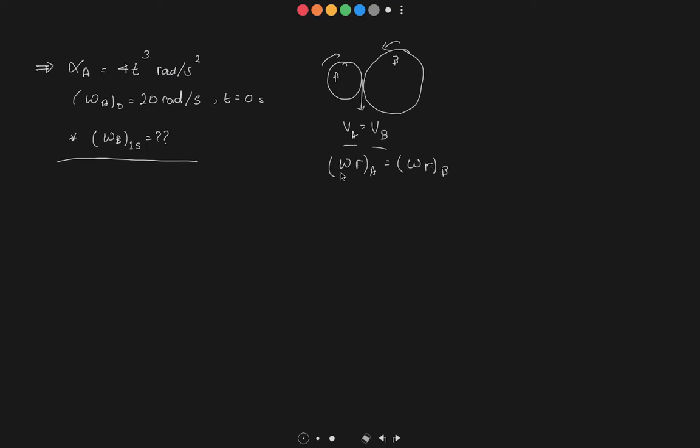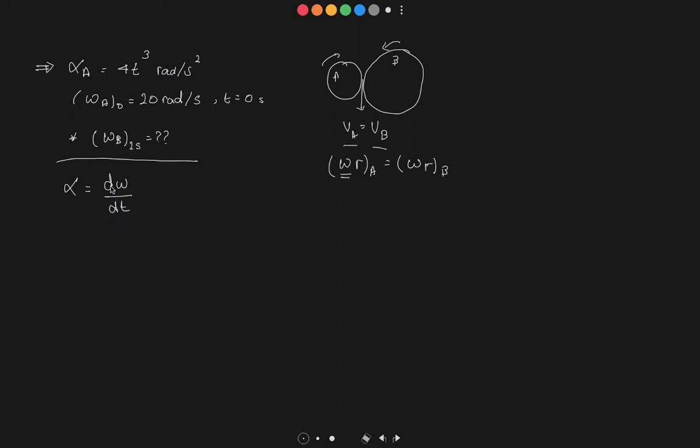Now we don't know omega A, but we know alpha A, right? So if we integrate, we will get the value of omega A. Multiply that by r, and then we would know everything here, and we know rB already. We just need to find omega B. That's the idea. We know that the angular acceleration is related to the angular velocity by the equation alpha equals d omega by dt, the first derivative of the angular velocity with respect to time.